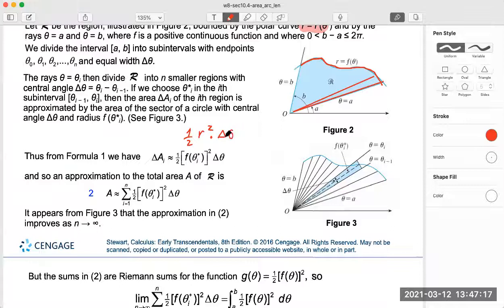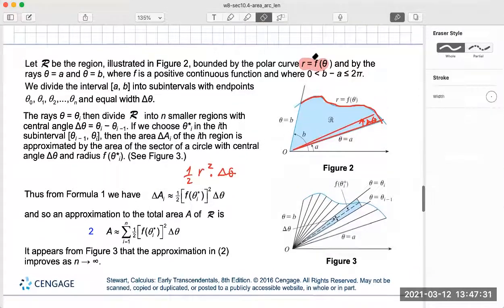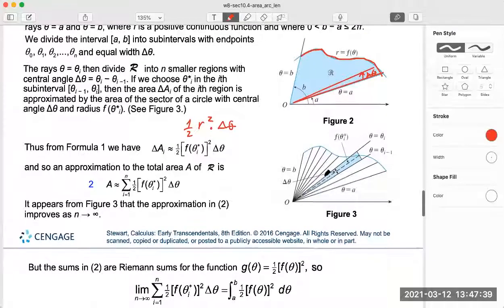In this case, the angle is delta theta, which is a small change in the angle theta. Just apply this formula, right? And r, in this case, is f of theta. Therefore, we have this relation: delta A_i, which is this small part here, will be 1/2 of f squared delta theta.